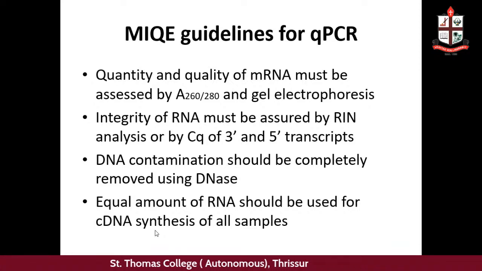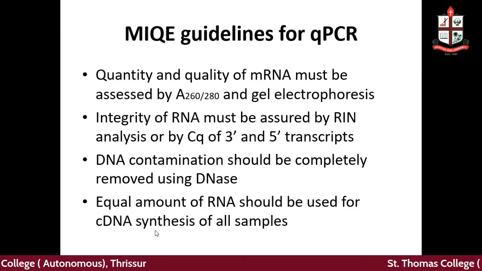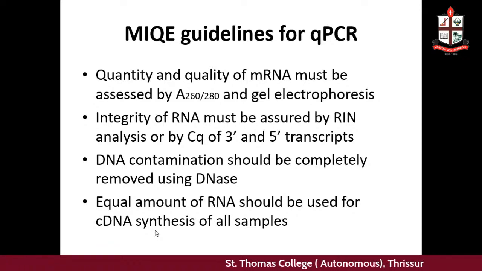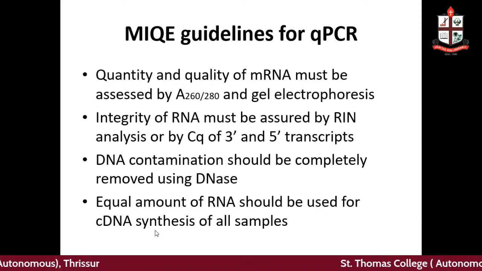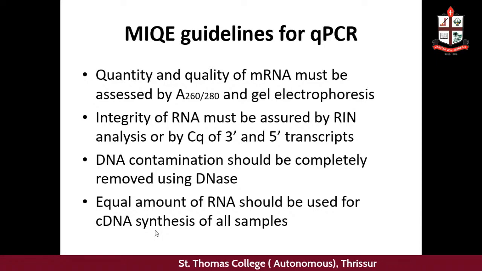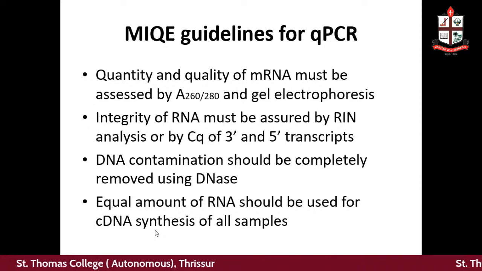That should also be ascertained by assays like RIN analysis, that is RNA integrity analysis, or by comparing the 5' and 3' ends of your RNA by designing two different amplicons to your 5' and 3' ends, and then doing a real-time PCR. You can identify whether your mRNA, of the gene that you are studying, is degraded or not. So the stability of the mRNA should be confirmed.